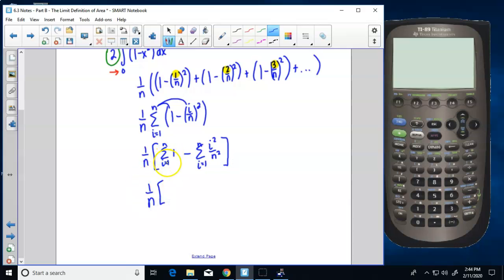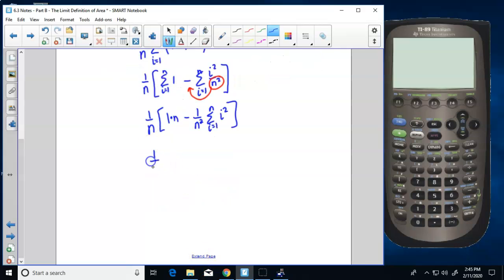The sum from 1 to n of 1 is just 1 times n. For the second sum, this n squared I could pull out front, which would be 1 over n squared times the sum from 1 to n of i squared.